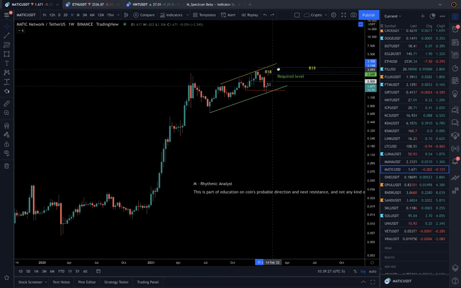So Matic is one of the strongest, without doubt. And Matic is a good use case. Matic is fundamentally strong, good community support, scalability. Vitalik likes it because it supports Ethereum's scalability, because anything that has heavy resource utilization goes on Matic for scalability and processing, because Ethereum is not for that at this moment.